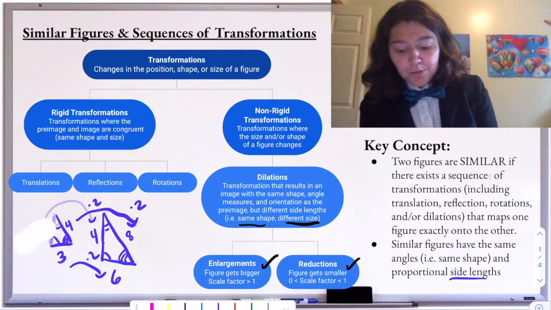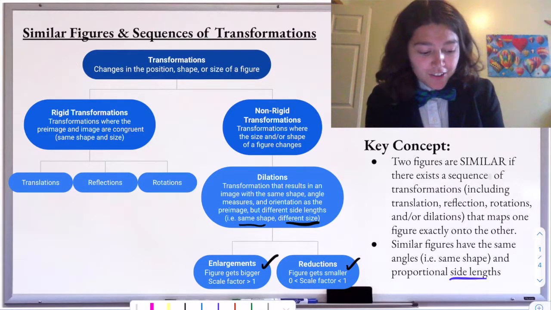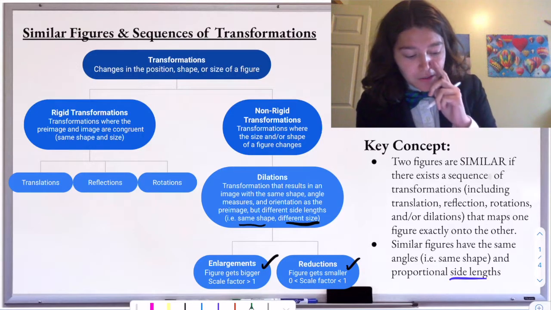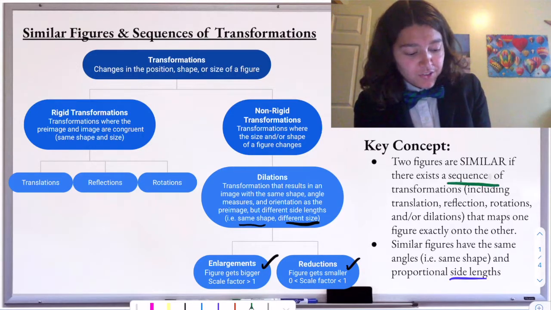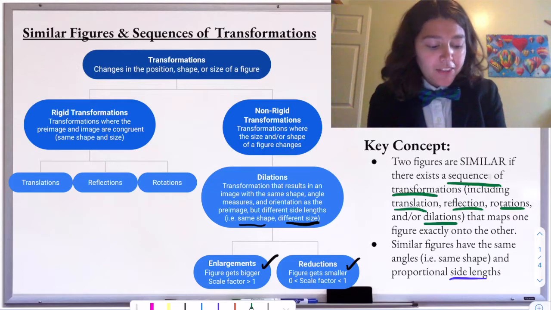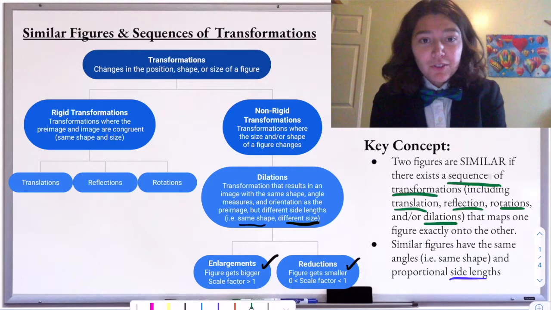And we can prove that two figures are similar to each other if there exists a sequence of transformations, not rigid transformations, but just transformations, which includes translations, reflections, rotations, and/or dilations, that maps one figure exactly onto the other. So this is very similar to our definition of congruent figures.